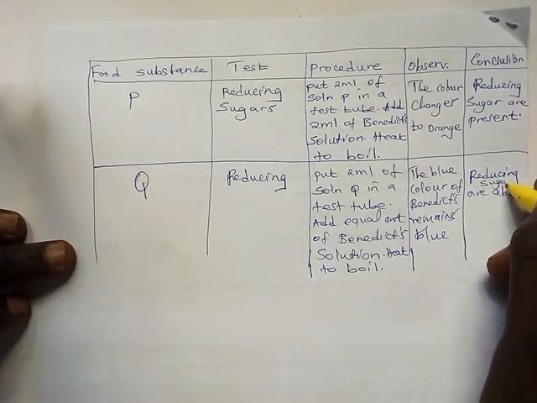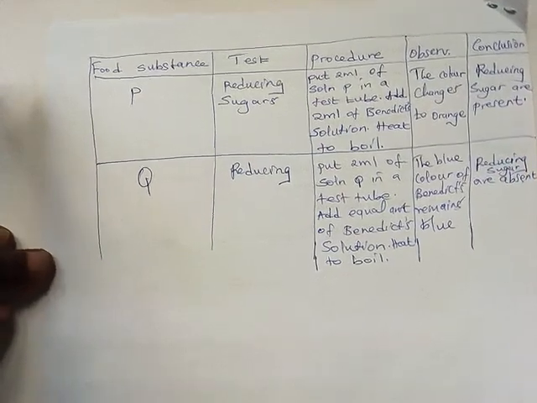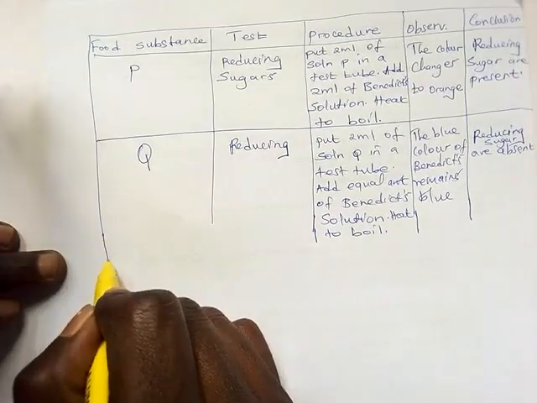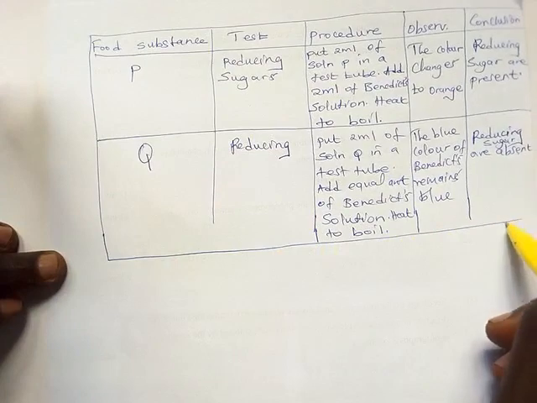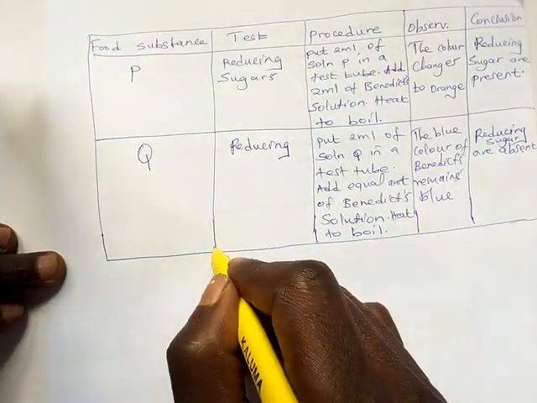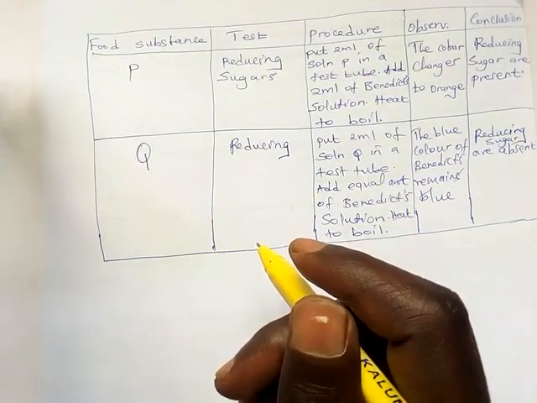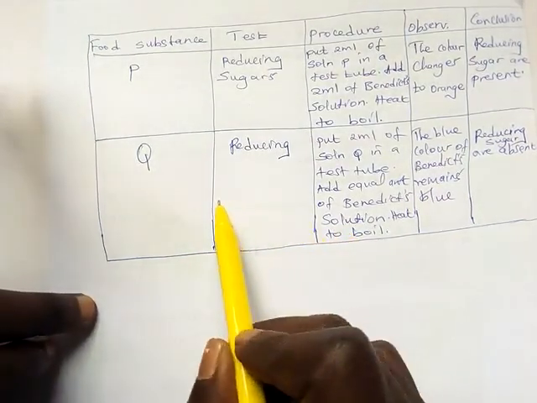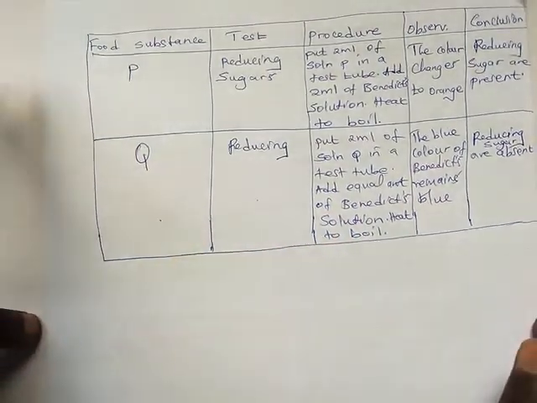Now up to here we have 6 good marks. Now because we have seen this, we have the 8 good marks.